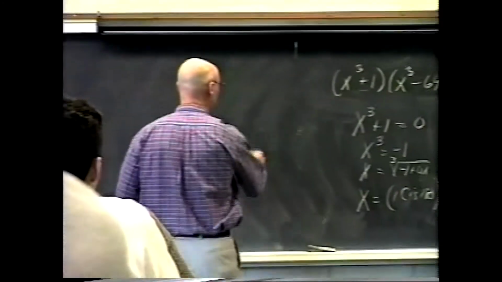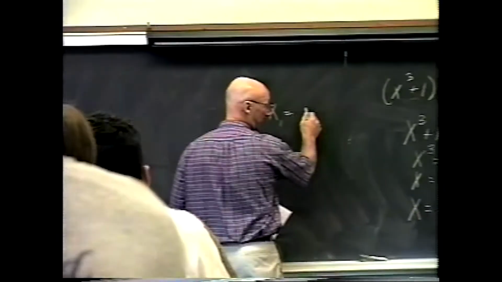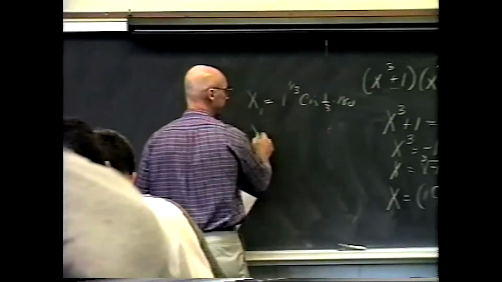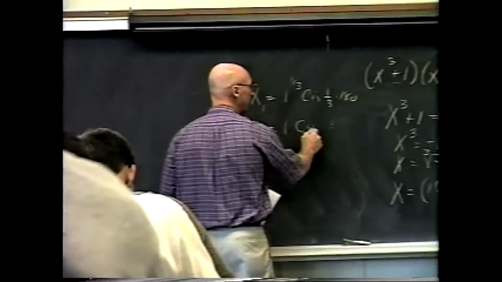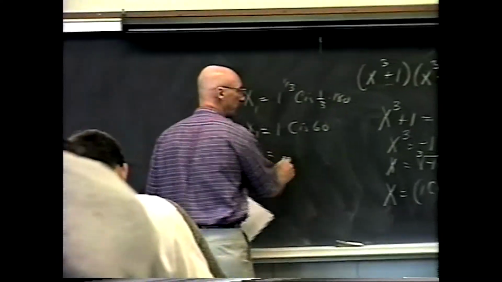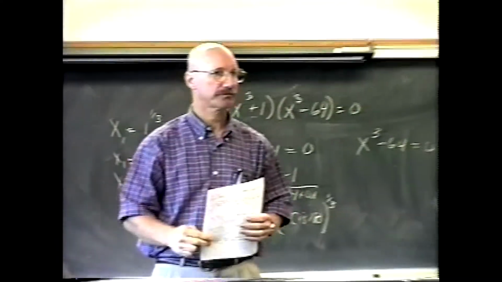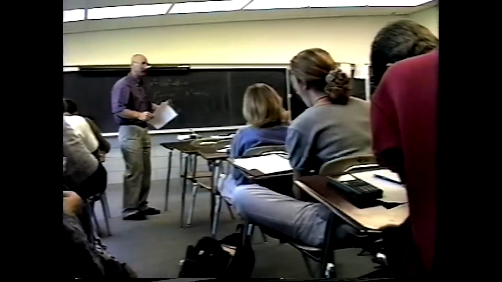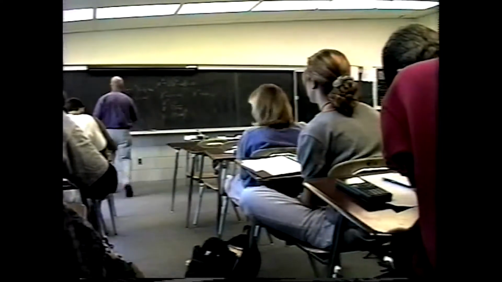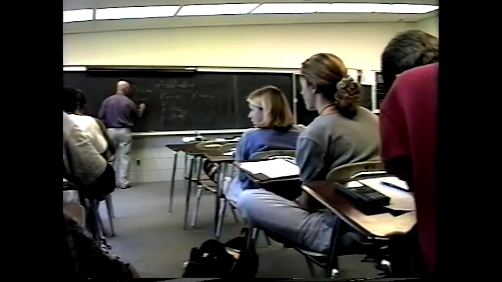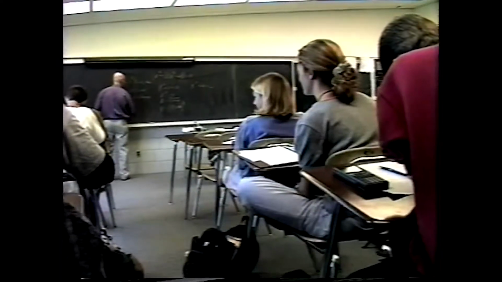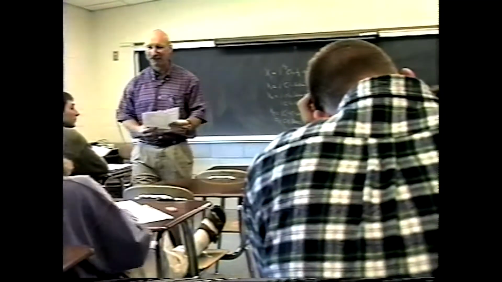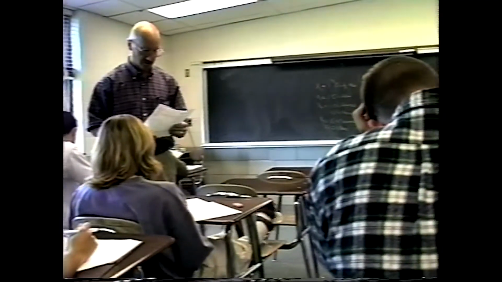Okay, so using de Moivre's theorem, it's then 1 to the 1/3 cis 1/3 of 180, which is 1 cis 60, and then what's the angle we add? 120. Now notice, we're doing nothing with the other factor. We're just taking care of that factor, getting it done. So I got 1 cis 60, I add 120 to 60, which is 1 cis 180. Then rectangular form, and I have that on the answer key for you. Are you all set on those? Yep.